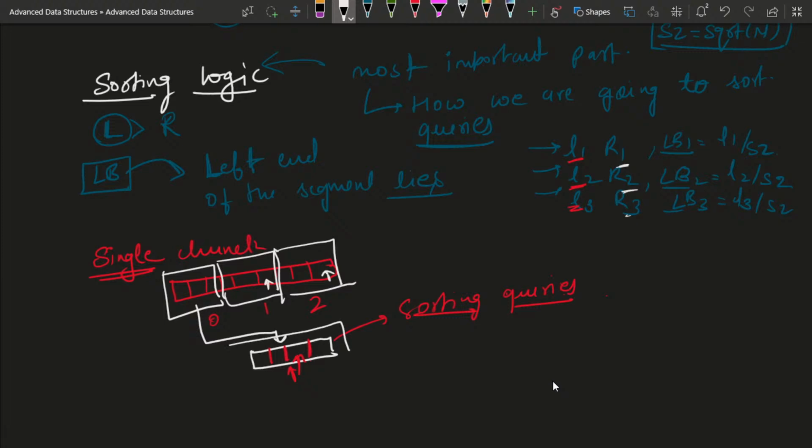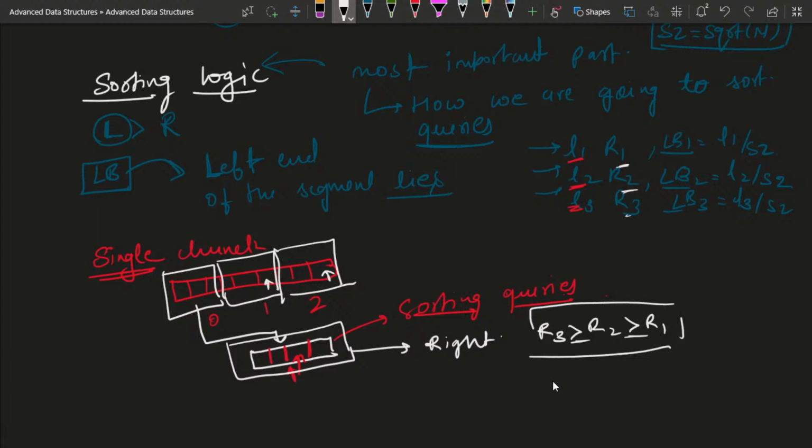If my left end lies in this particular chunk, I am going to sort by the right end, such that R3 is greater than R2, and R2 is greater than or equal to R1. Now suppose q is the number of queries and I am processing my right end. First I would encounter R1, and for R1 I am definitely sure that my left end is present in chunk number 0.